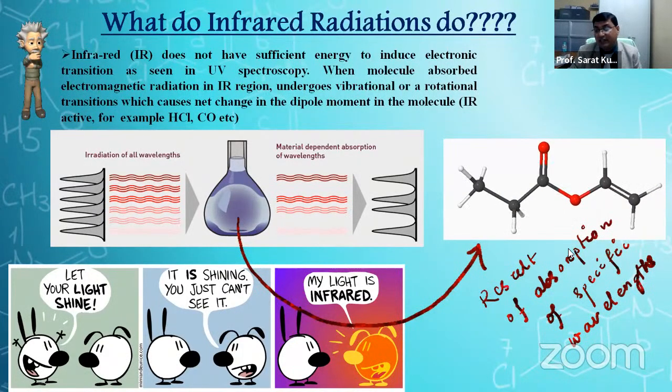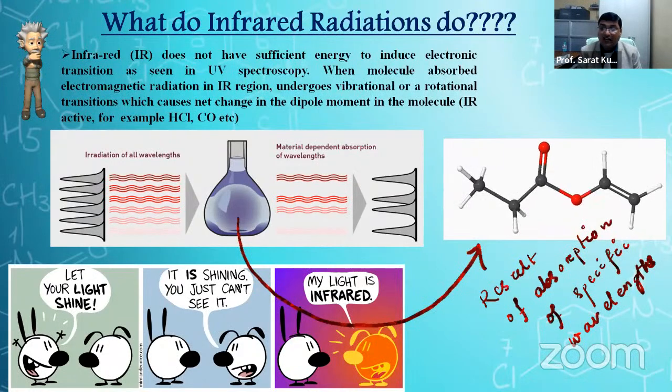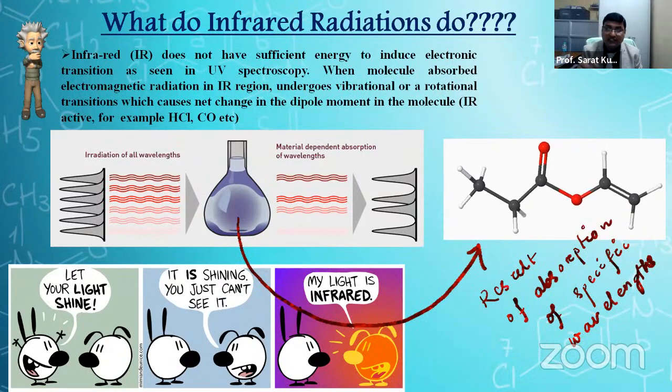The important thing is that each bond vibrates at a definite, corresponding frequency. Suppose I take one bond, C double bond O, present in aldehyde, ketone, acid, and acid derivatives.